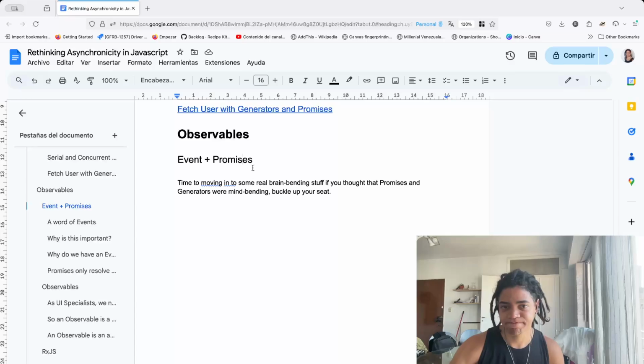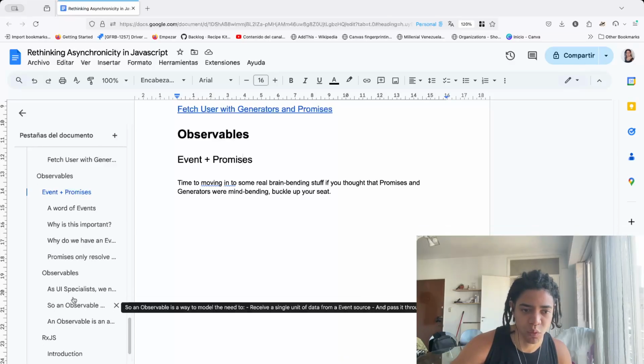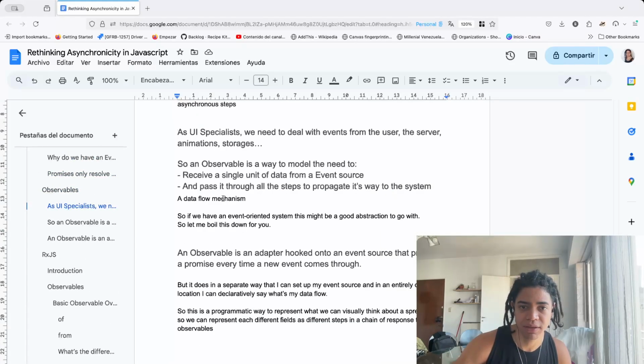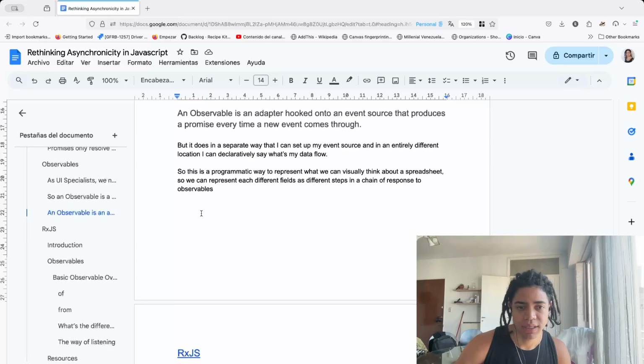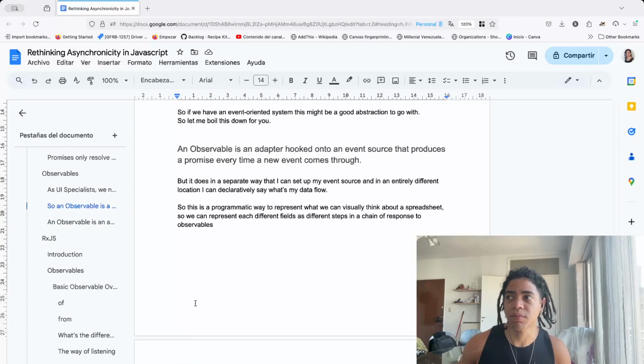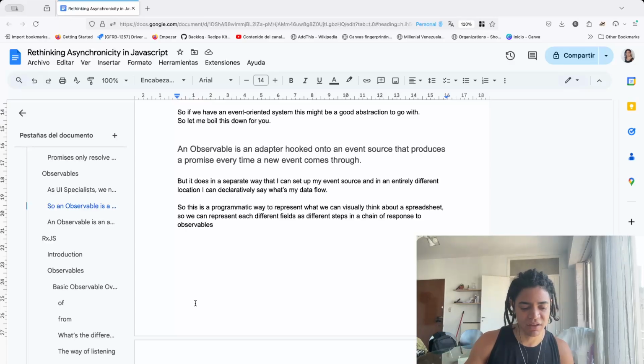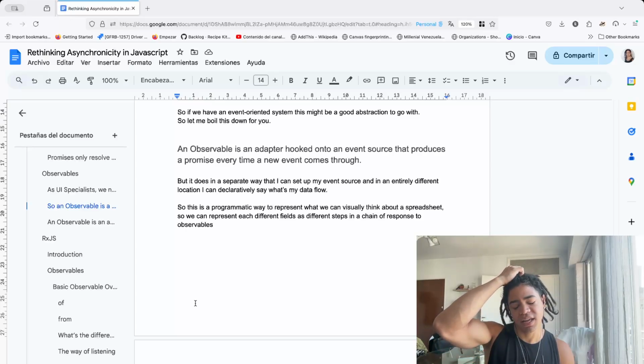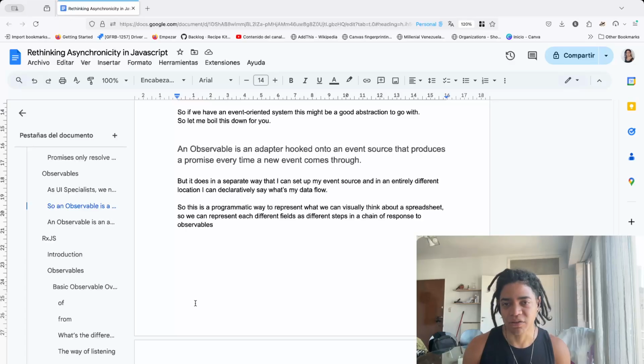Okay. So with observables, as I mentioned, we don't have any native support for observables in the language.